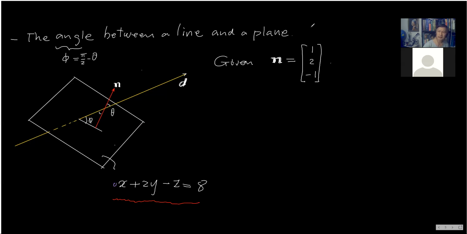These three numbers give you the direction, not of a straight line, but the direction is a line.